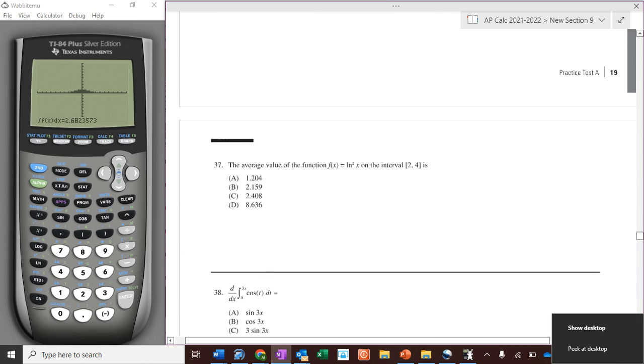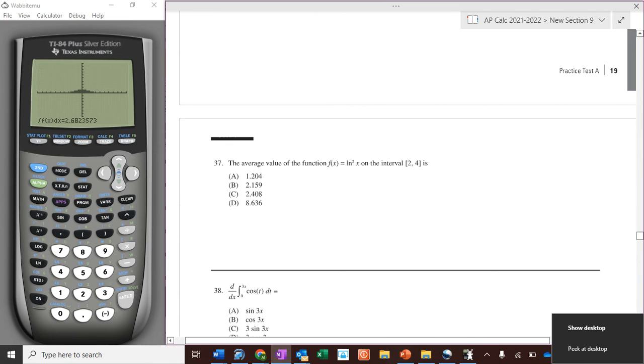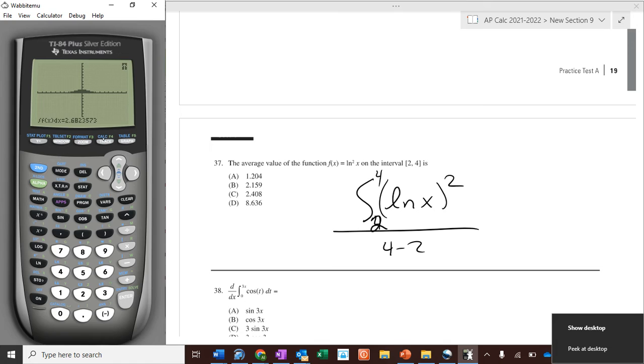Average value of a function. How do we do average value of a function? It's the integral of the ln of x squared from 2 to 4, divided by 4 minus 2. Okay? So do that. So second trace, or y equals, clear it out.